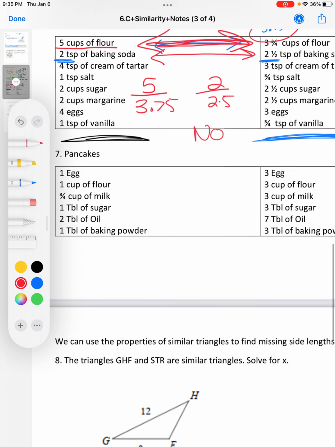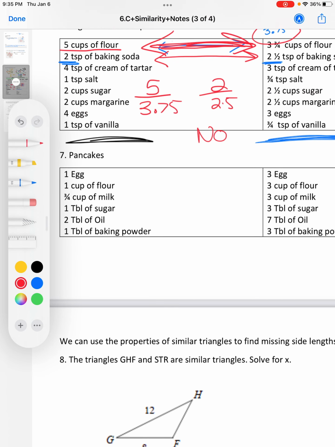Let's look here. To go from 1 egg to 3 eggs, I would have to times it by 3. To go from 1 cup of flour to 3 cups of flour, I would have had to times it by 3. But let's look here. To go from 2 cups to 7 cups, well, what is 2 times 3? That's 6. 6 doesn't match 7.